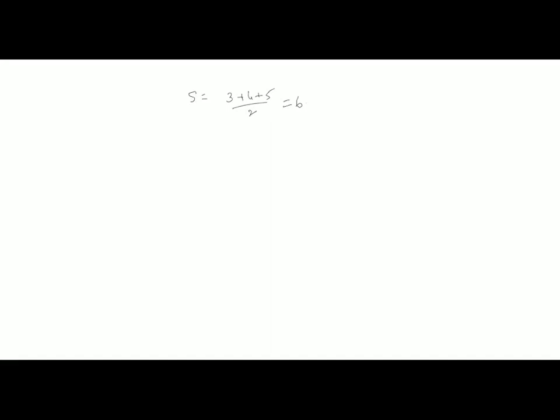The area of one triangle will be the square root of 6 into 6 minus 3, 6 minus 4, and 6 minus 5, which is 1.